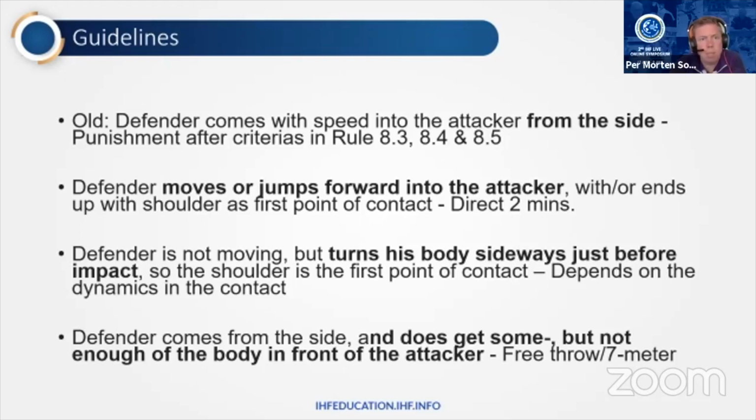This is the same message the referees whistling the Olympics, the top 16 referee couples in Tokyo, will get, because we must transmit the same information to the referees that we transmit to everybody else, so everybody knows what the rules are, what the guidelines are, how we should treat these situations. We must be open.